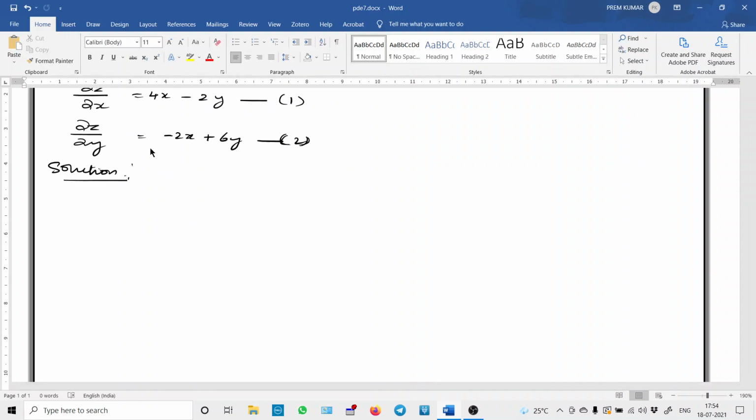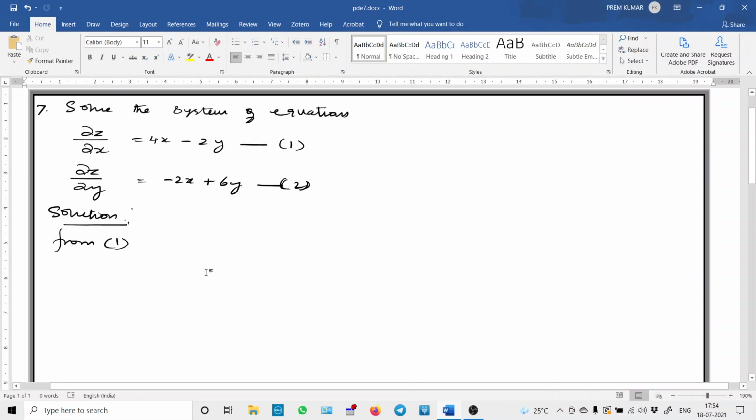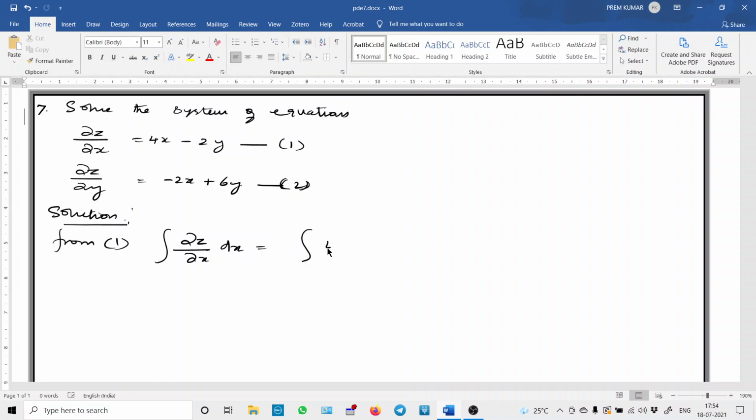So from the first equation, we are going to integrate partially with respect to x on both the sides. Since we are integrating partially with respect to x, the constant of integration we choose as some function of y.